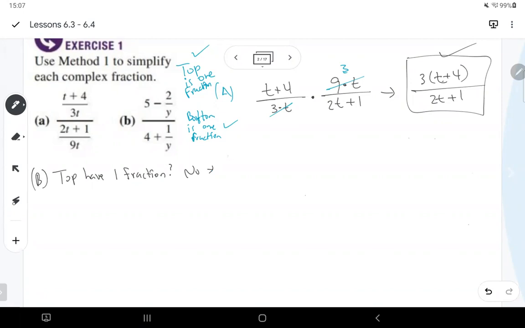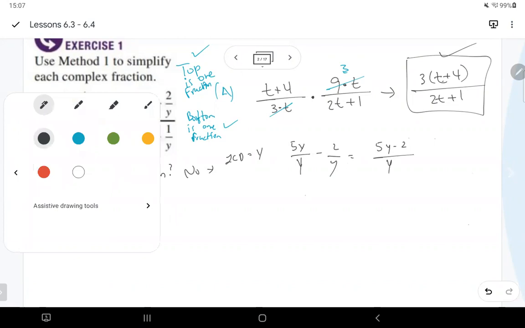The LCD in this case, the only denominator available is y, well, y and 1. So if you're going to put a y on the bottom, you have to also match it with a y on top. So then you're going to end up with 5y minus 2 over y.